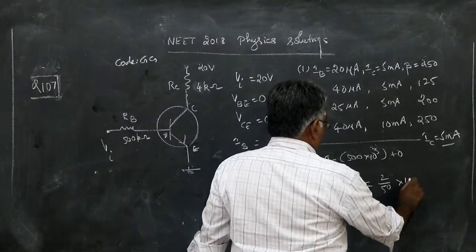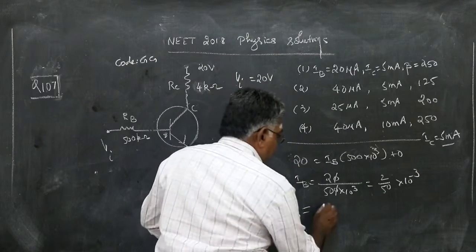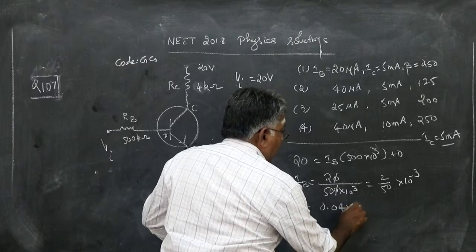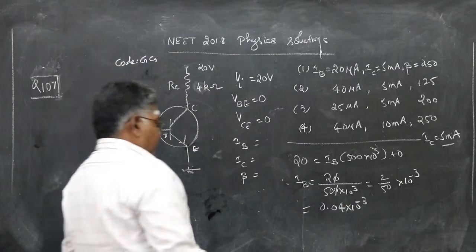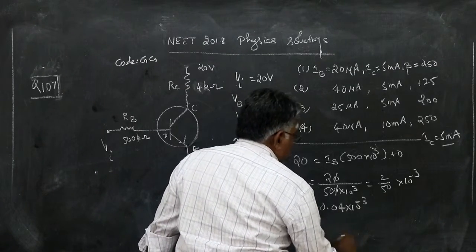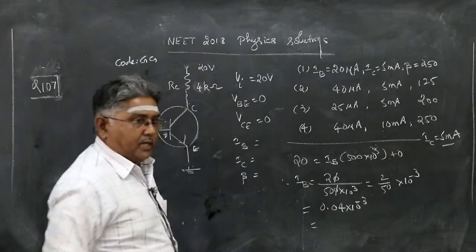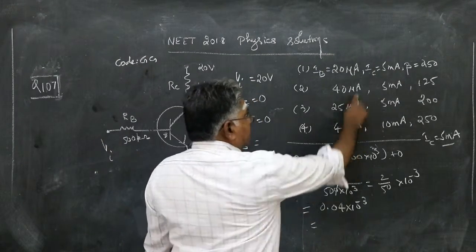Into 10 to the power of minus 3. But 2 by 50 is 4 by 100. So 0.04 into 10 to the power of minus 3. Therefore, you write this as 10 power minus 3, because everything is given in microampere.